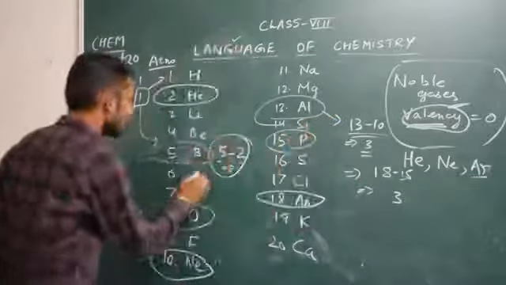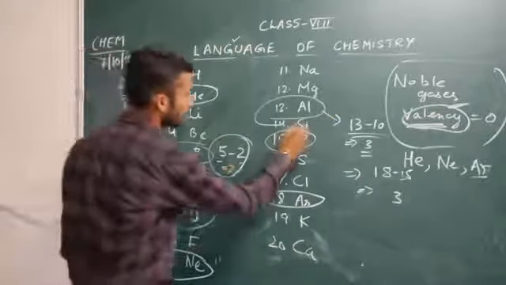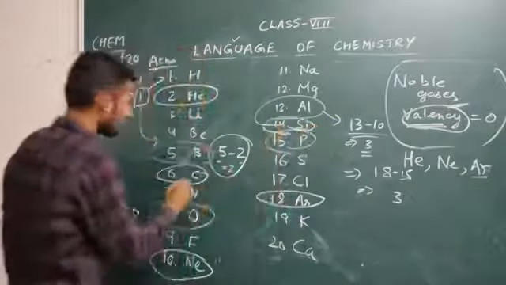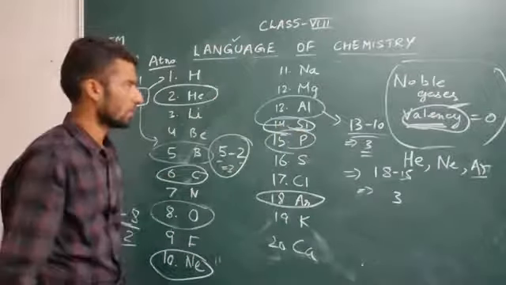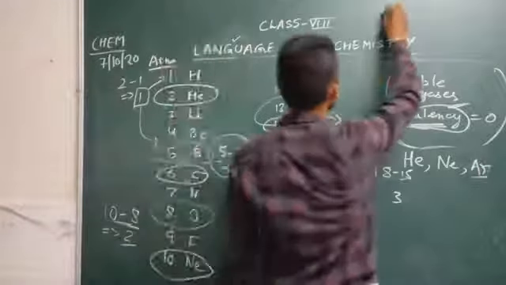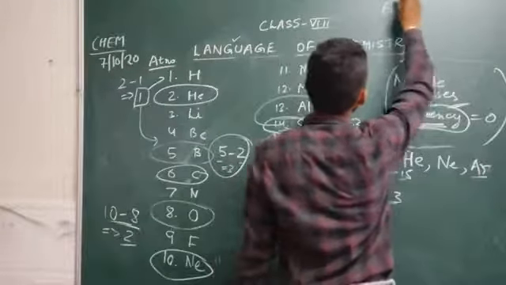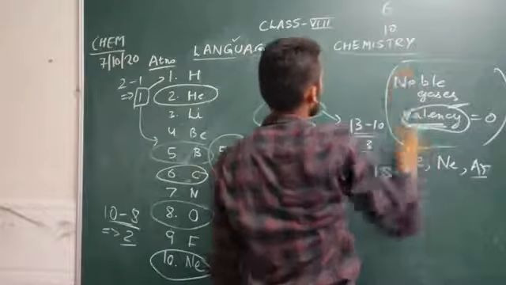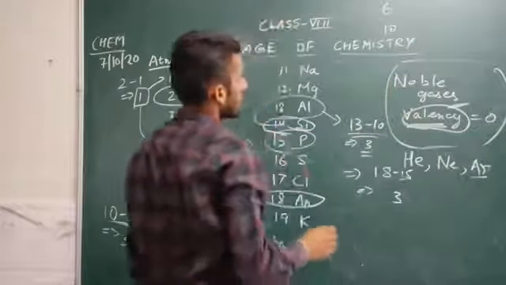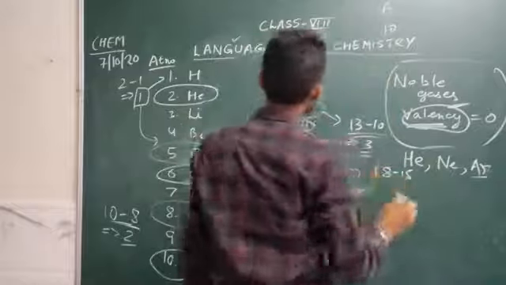If we see carbon and silicon, carbon has atomic number 6, silicon has atomic number 14. Carbon is 6, the atomic number of helium is 2, and of neon is 10. Now the difference is the same from both sides.